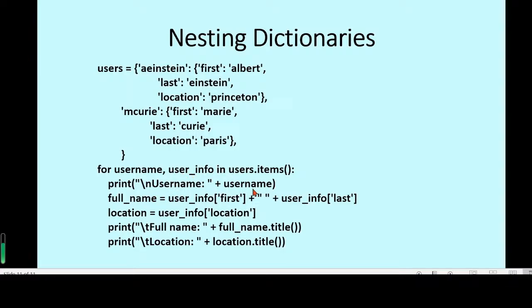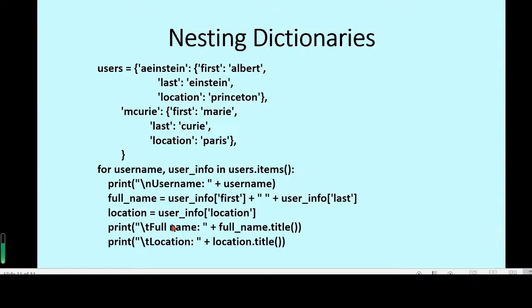Then print a message. Then we create a variable called full name. User info is a dictionary. User info's first name plus user info's last name, concatenated with a space. Then location is user info's location value.